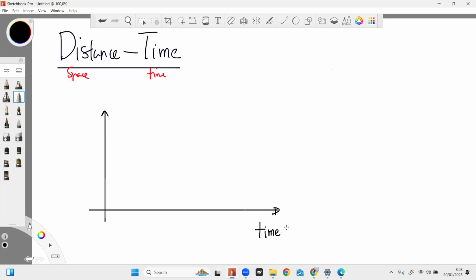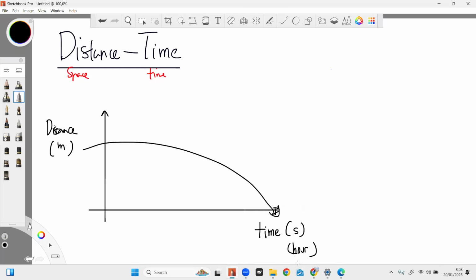It can be in units of seconds, minutes, hours, days, but we usually use seconds or hours. And for the distance, it also depends. Distance on the vertical axis can be in meters if the time is in seconds, meters over second later for the speed, and then we have kilometers per hour.